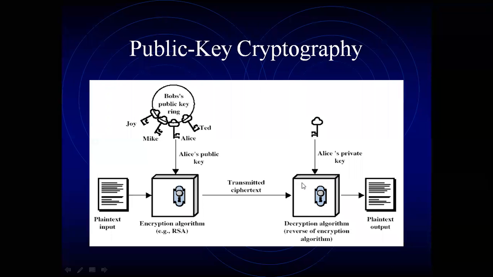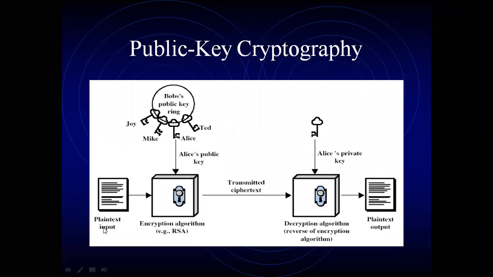At the receiver end, Alice will have the private key. By using this private key, it is going to decrypt the message. Whenever it decrypts the message, you have to use the reverse of the encryption algorithm. It means you have to use the reverse version of your RSA algorithm. Once you use it, from the cipher text you can get the plain text value, which is known as your plain text output.